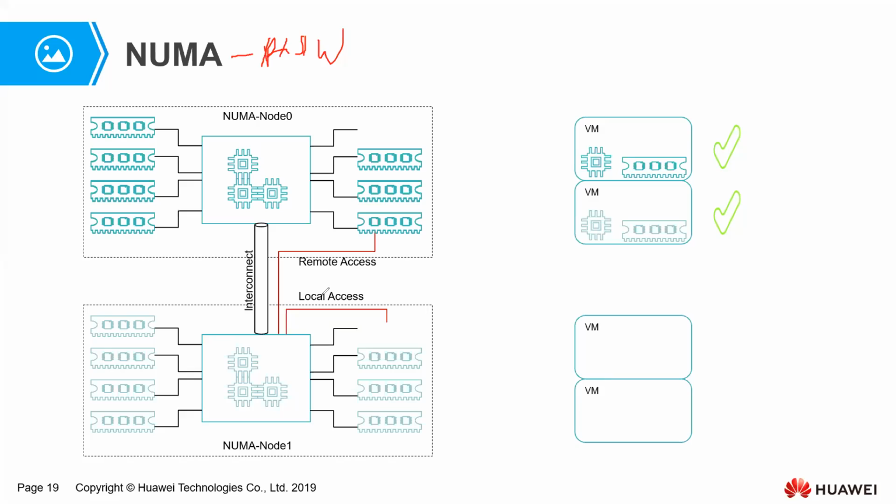NUMA is the non-uniform memory access, a technology that we use to improve the data read and write speed. It came into place because today we are using massive compute resources, and originally, the way computers were built, our CPU communicates with our memory using the North Bridge.